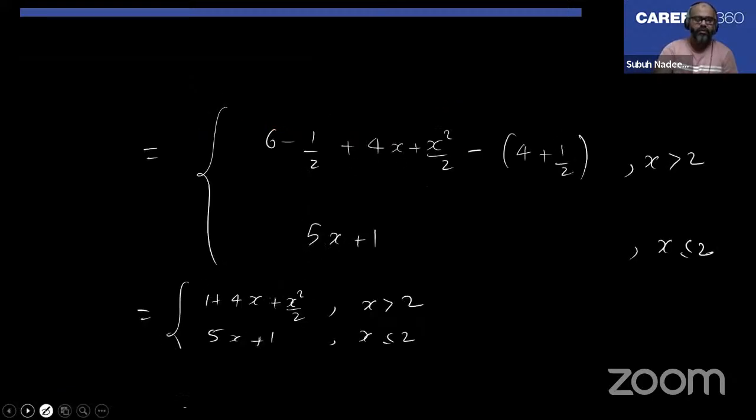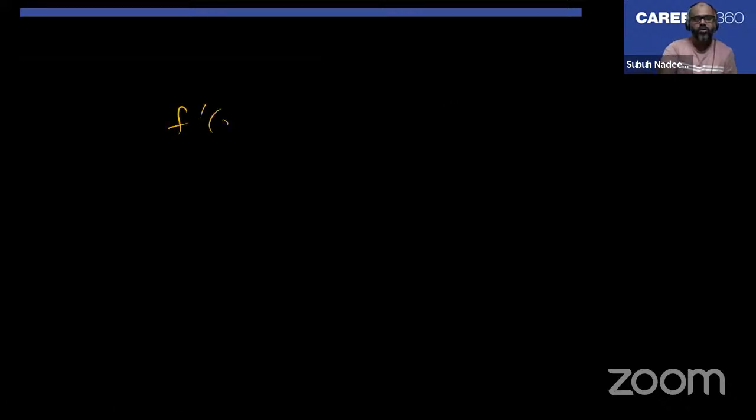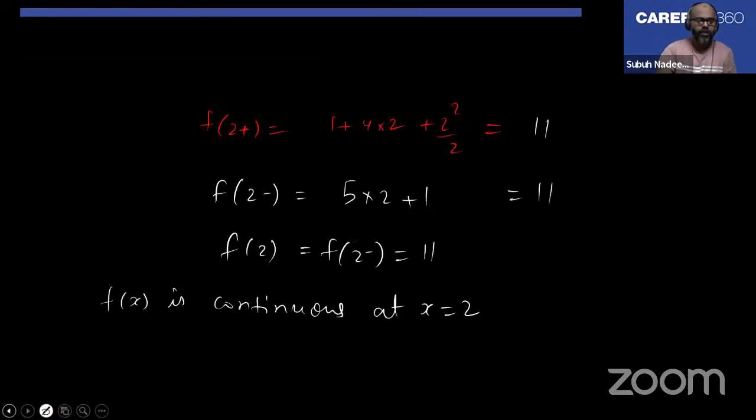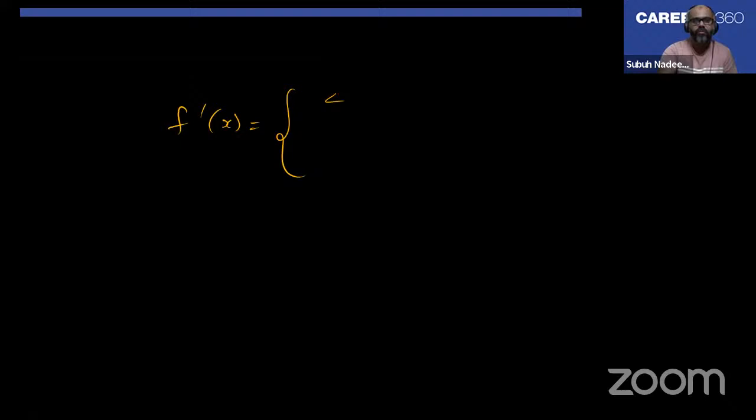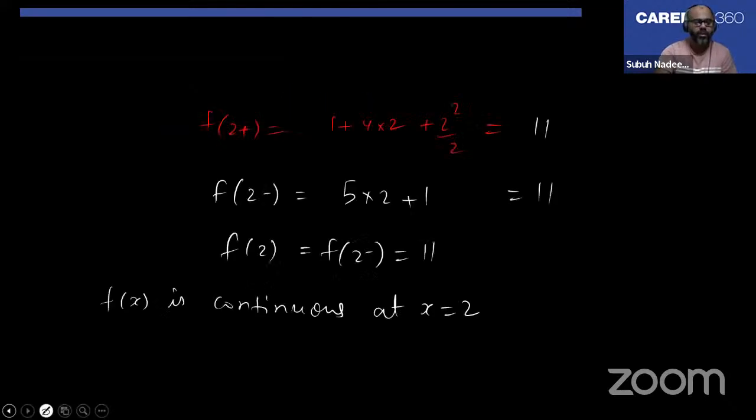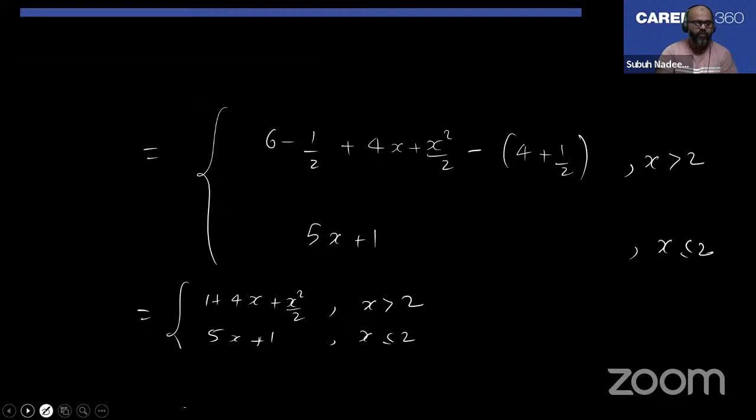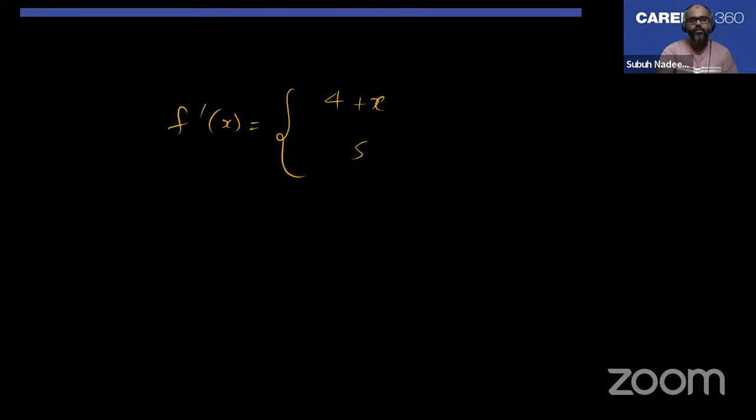So if we look at f dash x, here we will get 4 plus x, since the derivative of 1 is 0 and the derivative of 4x plus x square by 2 will be 4 plus x, and here we will get 5. So f dash x will be this. Now if we take f dash 2 plus, it will be 4 plus 2, which is 6.